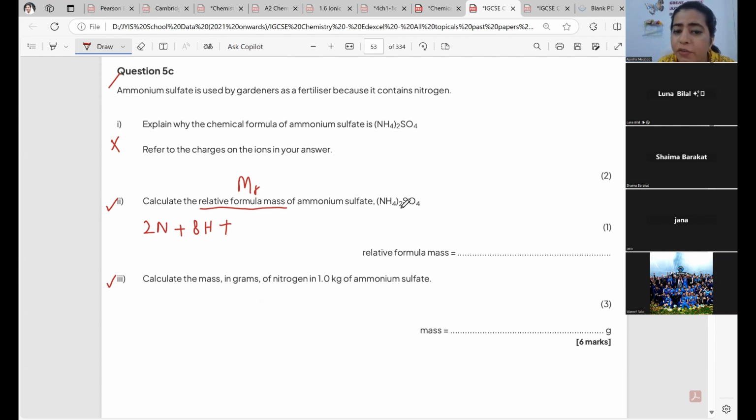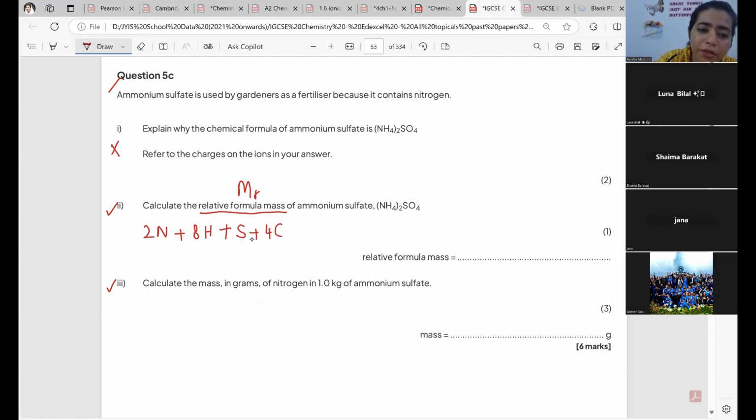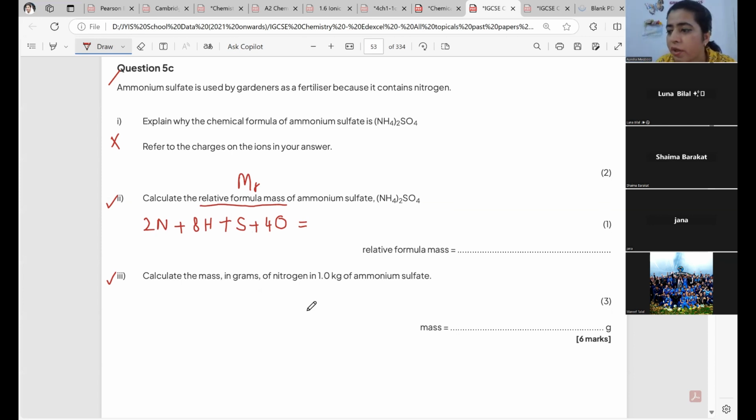Right, Jana said right. This 2 is multiplied with nitrogen and with hydrogen as well. So 2 times 1 means 2 nitrogens are there. 2 times 4 means 8 hydrogens are there. How many sulfurs are there? 1. And 4 oxygen. Right. So now put the masses and find the total.